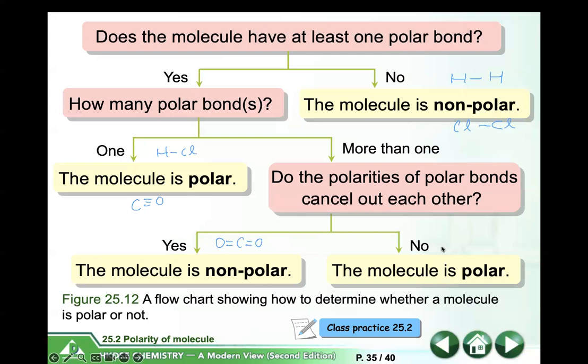Well, if they cannot cancel with each other, for example, for this one, another case is given here. Oxygen has a higher electronegativity. Hydrogen is less. So the electrons overall, the polarity of the bond will be going here. As a result, the overall one will be going to the oxygen side. So we say that it is a polar molecule.